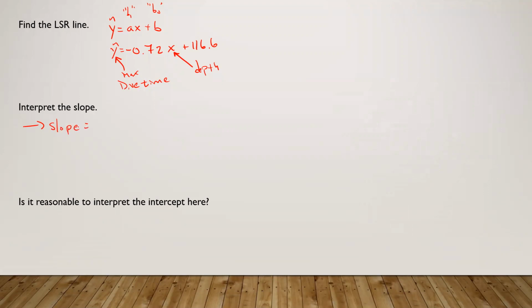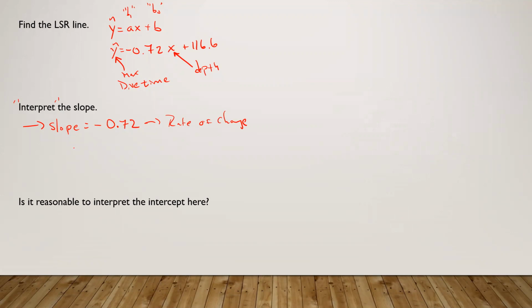Okay, so next question says, interpret the slope. So what is the slope of this equation here? I think it's negative 0.72. Yep, it's right here. Remember this slope is the rate of change. So what this is saying is when you increase x by 1, y goes down 0.72 units. That's what the negative means, it goes down.